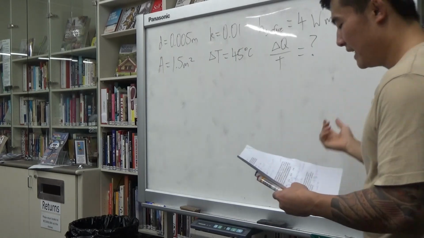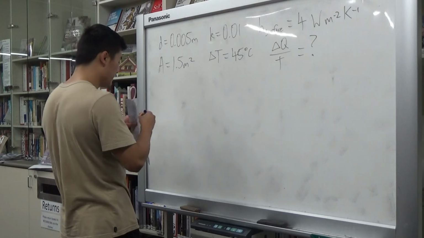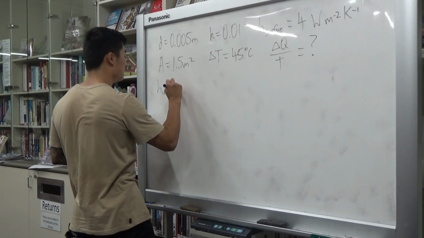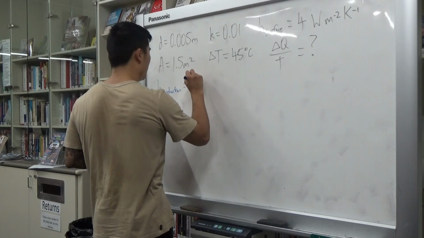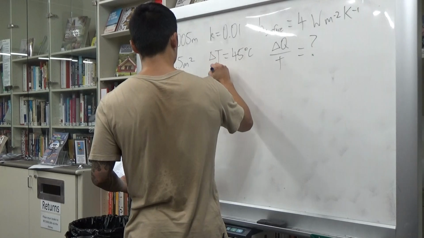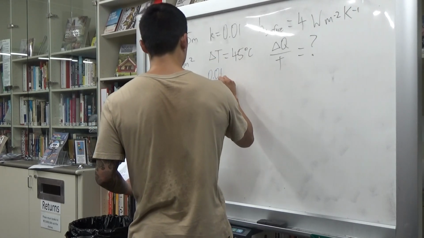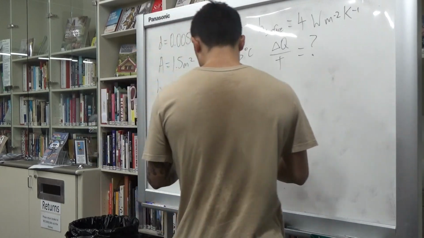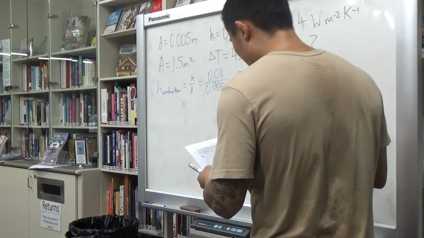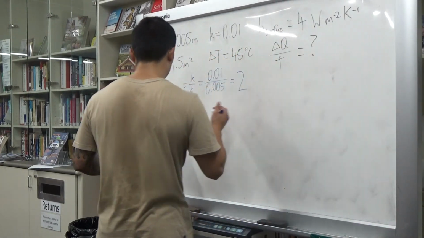So we're going to have to do the same thing as last time. We're going to have to find the H of conduction. So H of conduction is equal to K over D. So K is 0.01 and D is 0.005. So that's going to be 2. So that's our H of conduction. And then we need to find the H total.